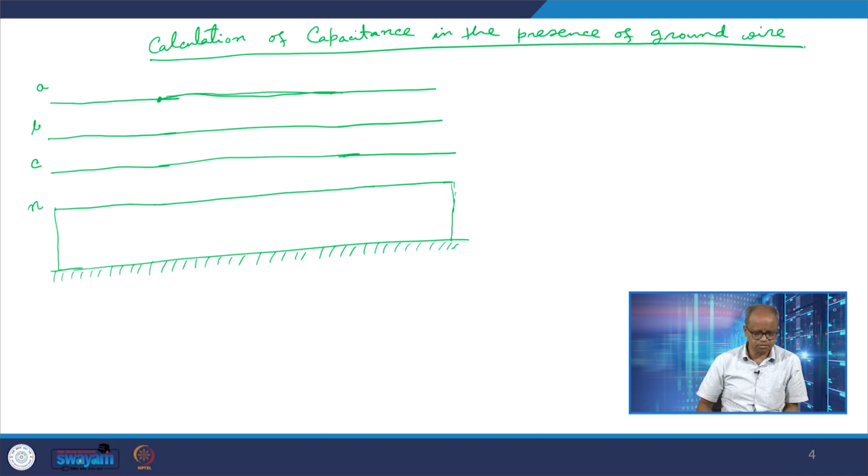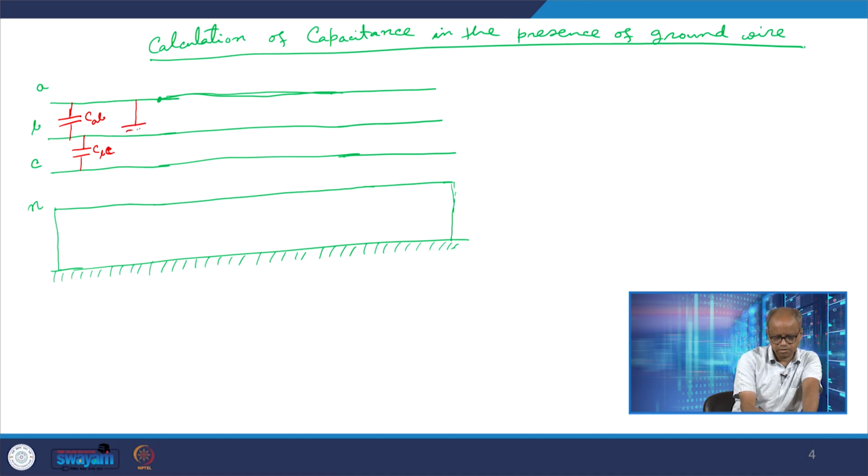So it is in the presence of a ground wire. In that case, my capacitances would be between, say, CAB. I will also have another capacitance CBC, and I will also have another capacitance.